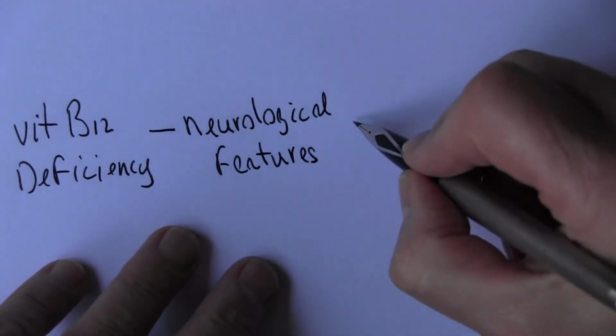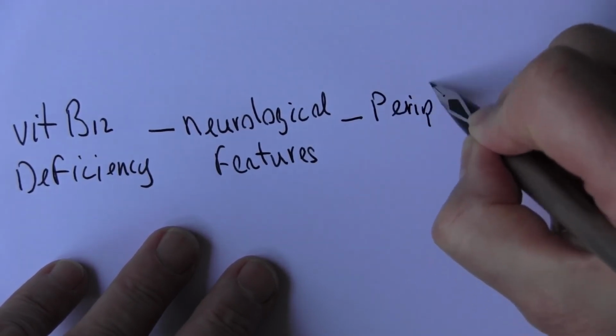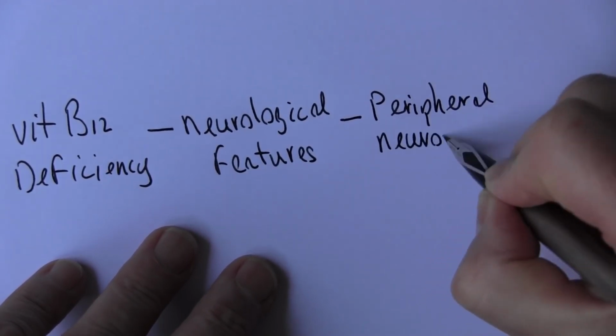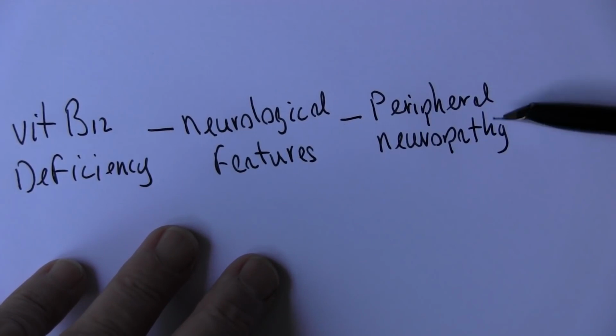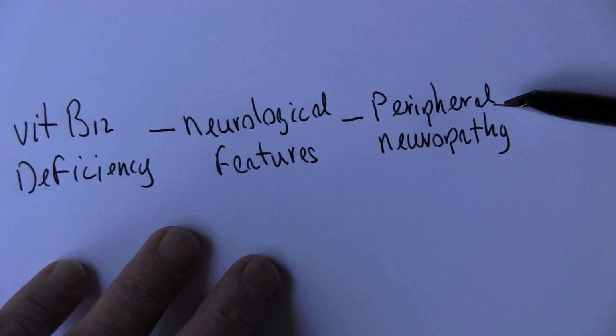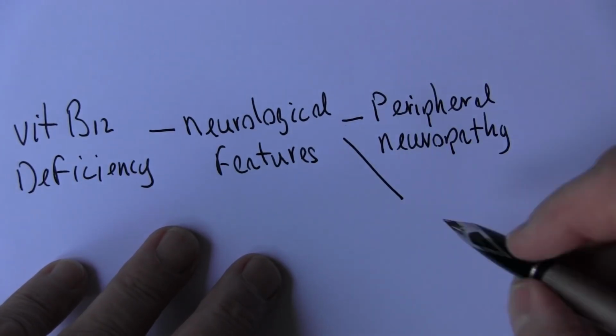So what we can see here is sometimes peripheral neuropathy. This is disease of the peripheral nervous system, often affecting the legs. And another thing we do get here is restless legs.